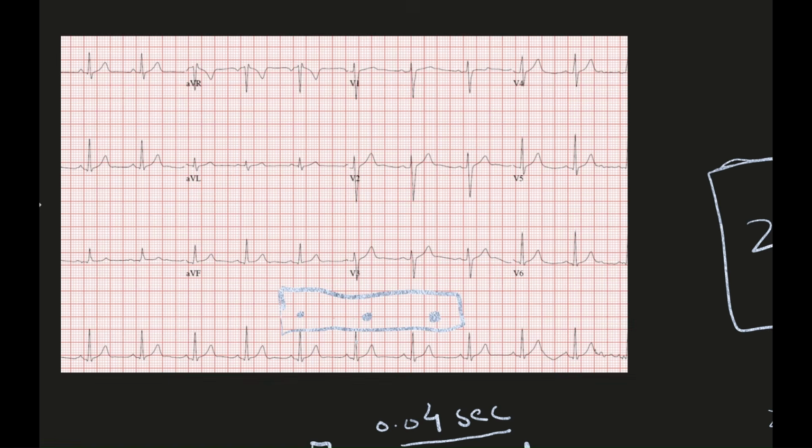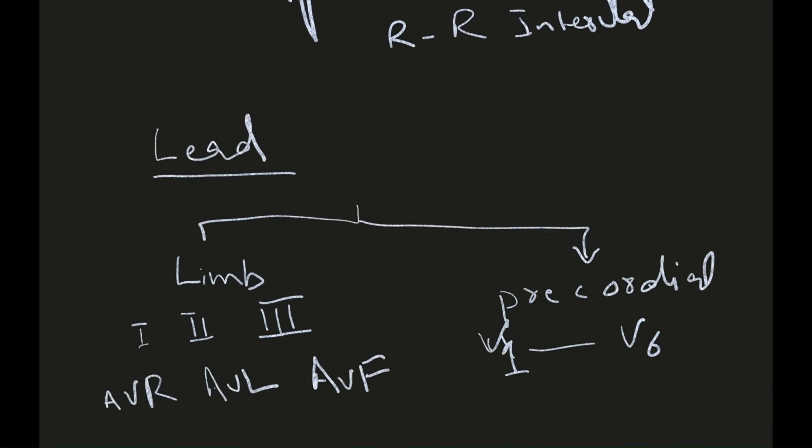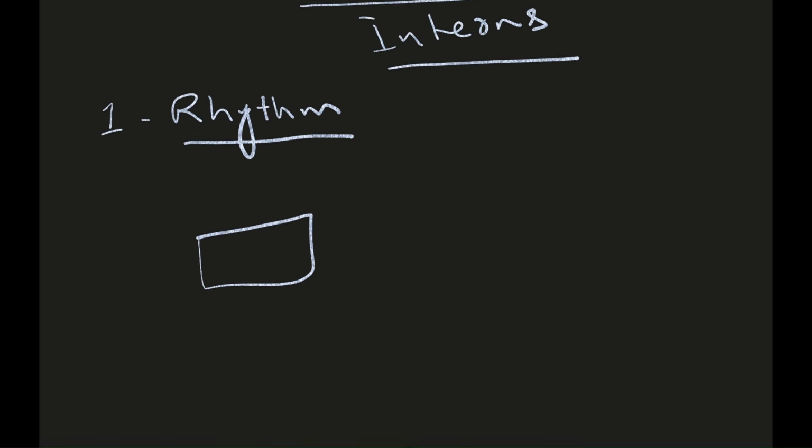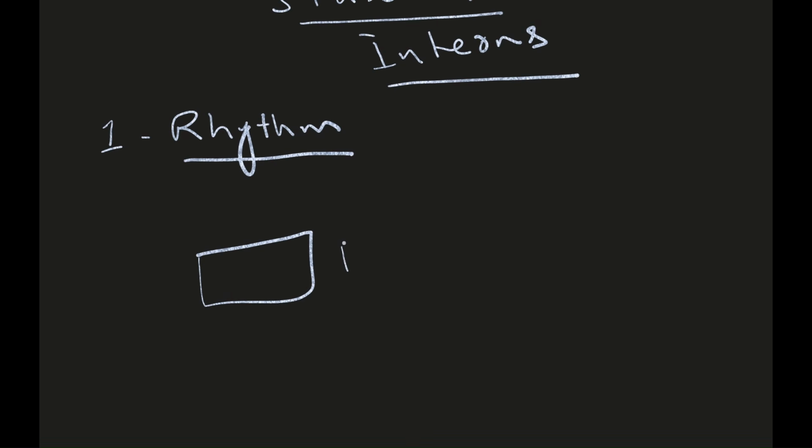Now look at these consecutive three QRS complexes; they do not correspond to these dots. If they do not coincide with these dots, then there is a problem in the rhythm. The rhythm of the ECG is not normal. This paper method is super easy, and it will show you whether the rhythm of the ECG is normal or abnormal.